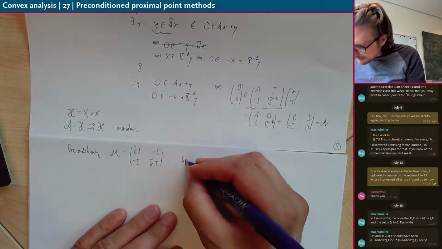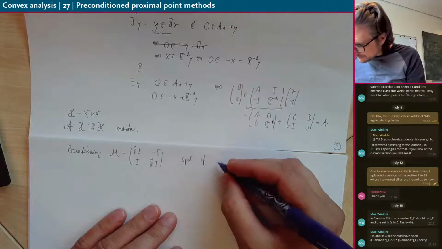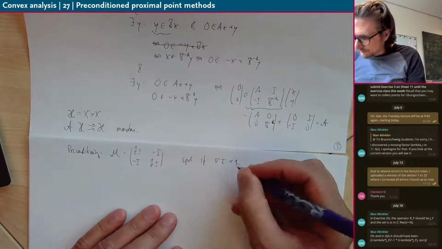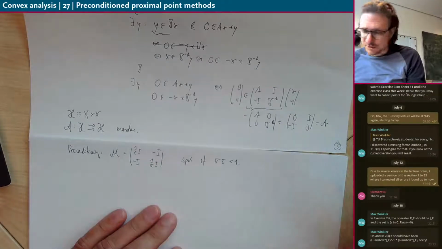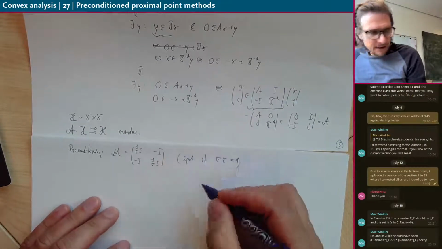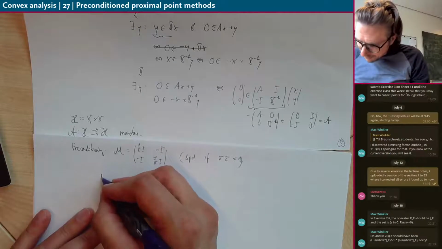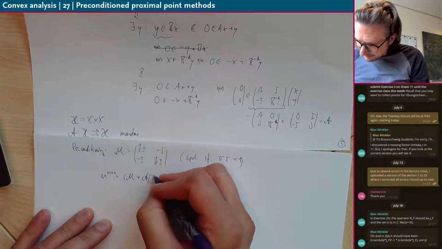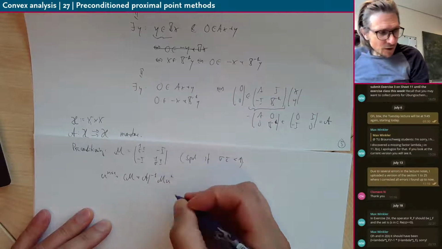And here it's simple, this is SPD if sigma times tau is smaller than 1, because the norm of this K is now just 1. And again, if we now iterate, u^{n+1} equals (M plus A) to the minus 1 times M u^n.